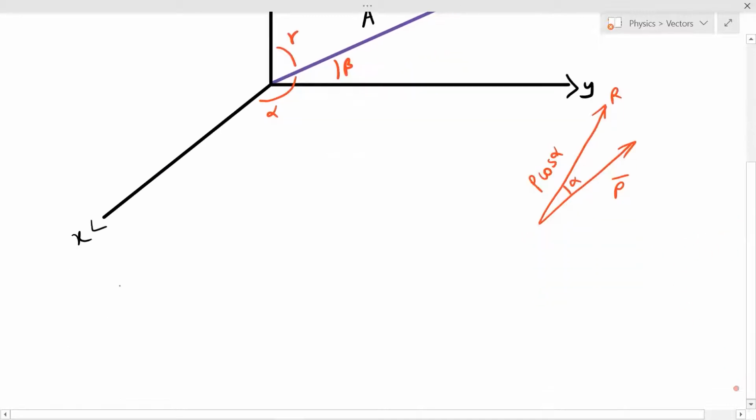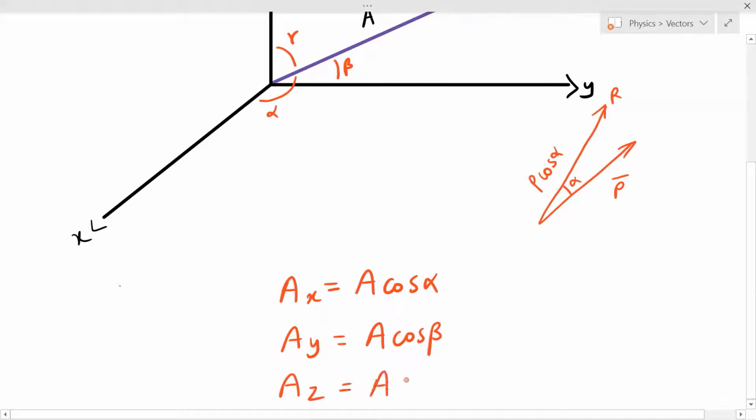Similarly here, the angle between vector a bar and x is alpha, so ax is a cos alpha. Similarly, ay is a cos beta, and az is a cos gamma.